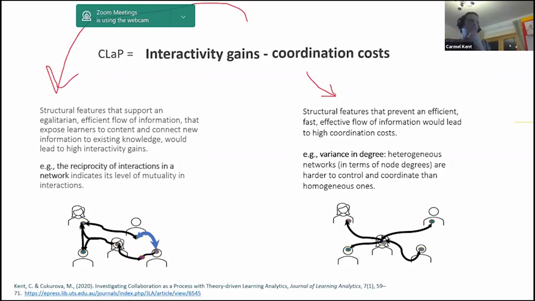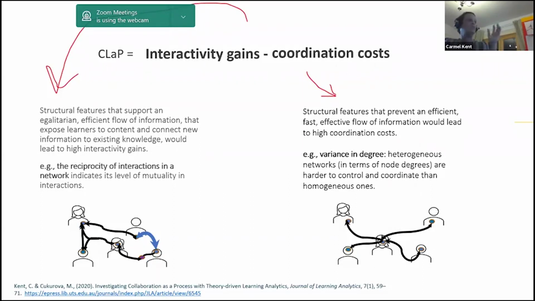It is not in any way an exhaustive list. The literature of network analysis can add much more. It's just a few examples, and here I gave just two pretty simple examples. So on the left side, how do we measure, for example, interactivity gains?